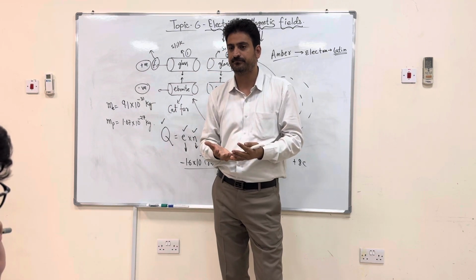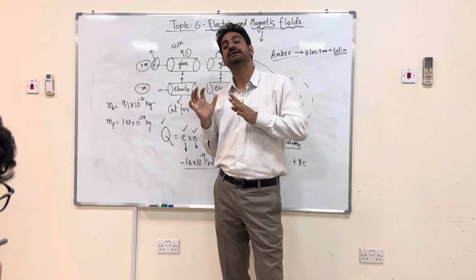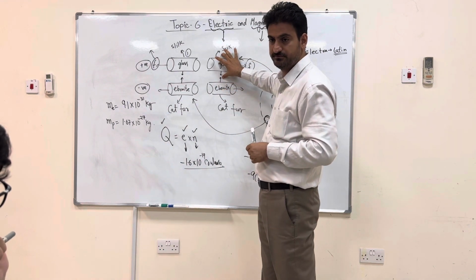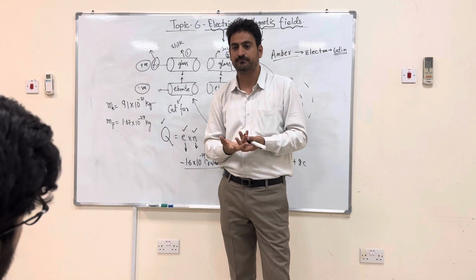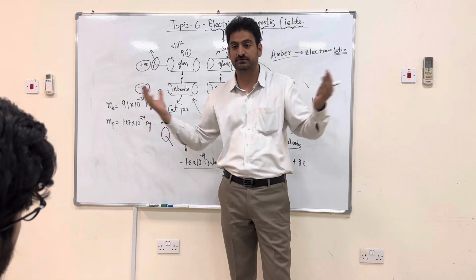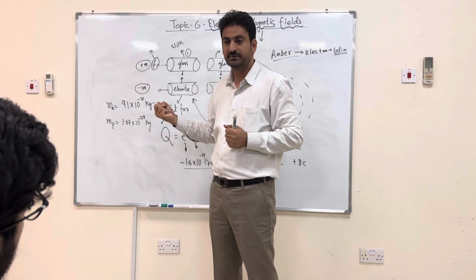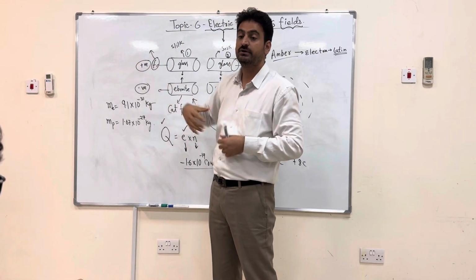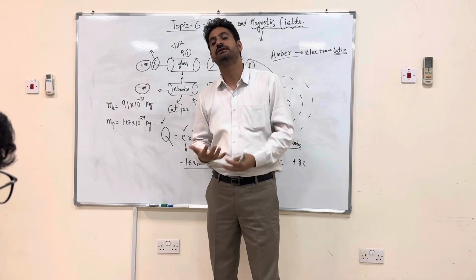And this region would be known as the electric field of this rod. Now you understand the meaning of electric field? Electric field is basically the region. Now, how strongly it can exert the influence, we call it strength of electric field, or electric field intensity.